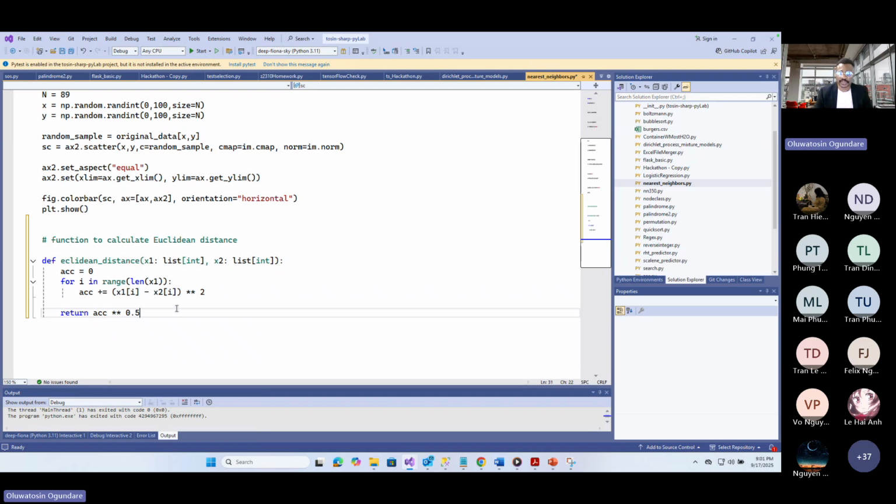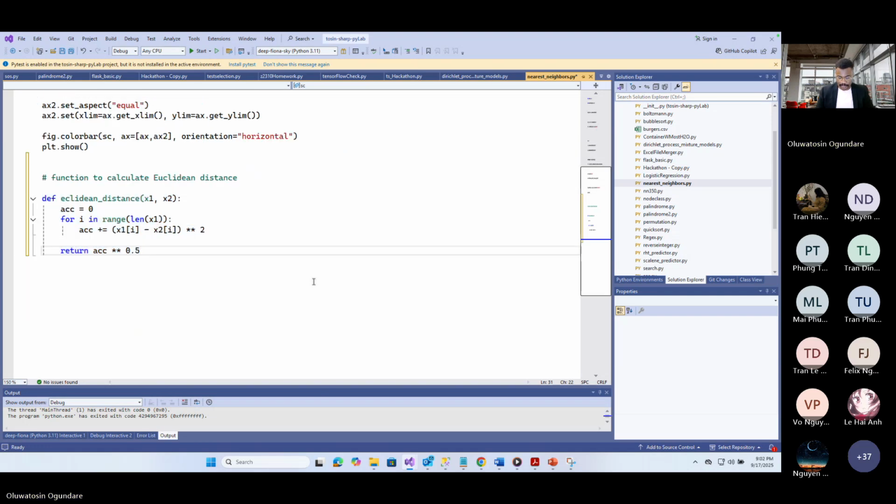So this is your Euclidean distance. Quite frankly, you don't need any of the type hints. It would work without particularly defining the type as well, so this is also perfectly fine.